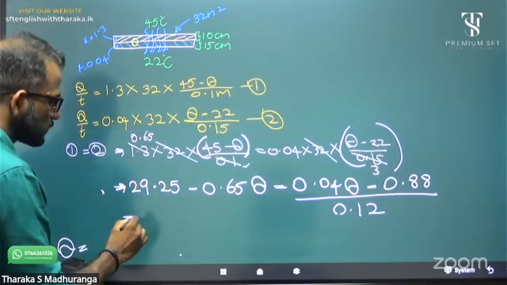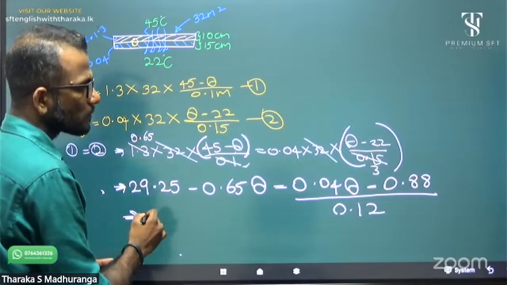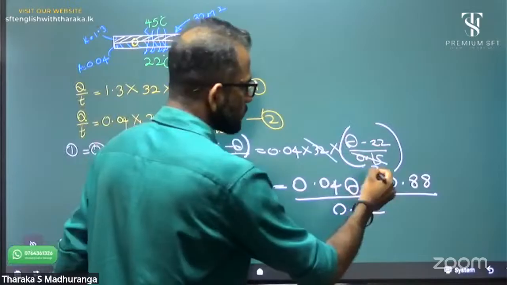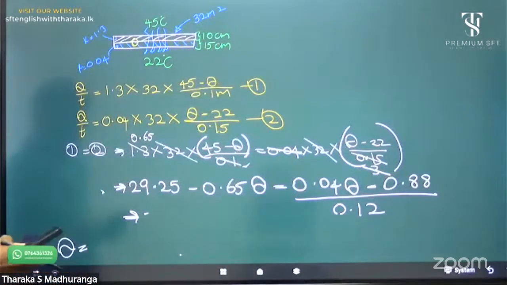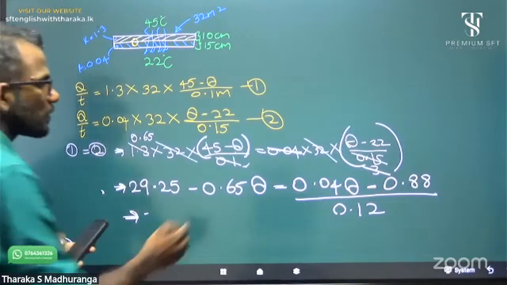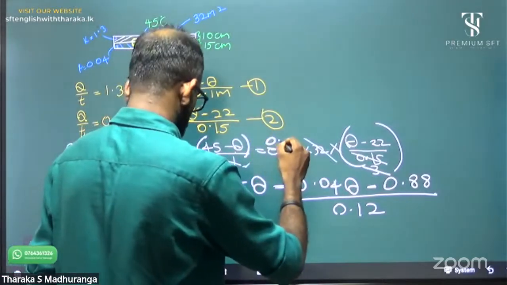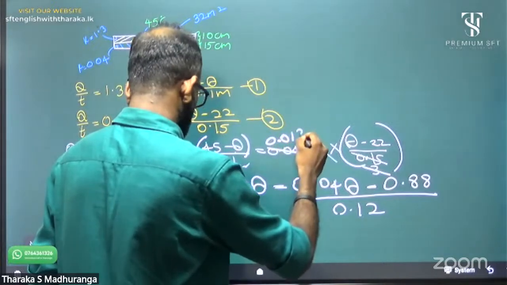Okay, let's get this way. It's 3 and 0.04 cancel. It is 0.0133.